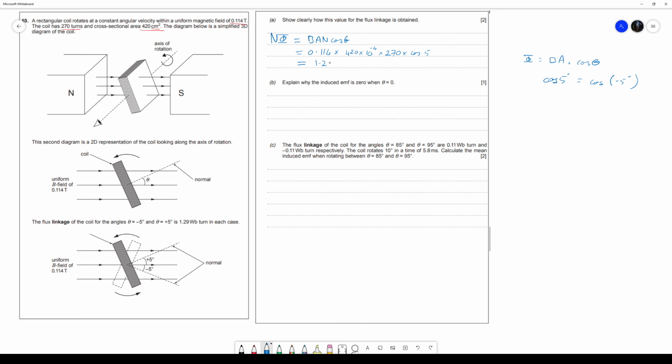As exam technique, in show that questions, if you're asked to show that some value is approximately whatever, don't ever write the calculation and then just say equals the whatever.